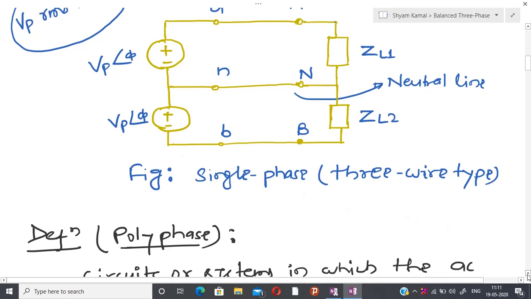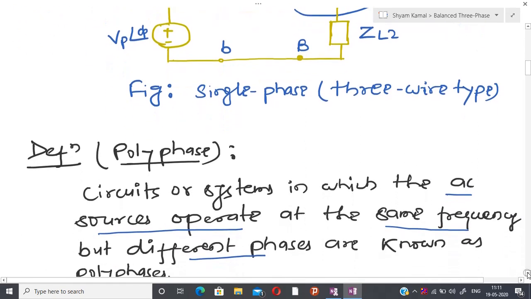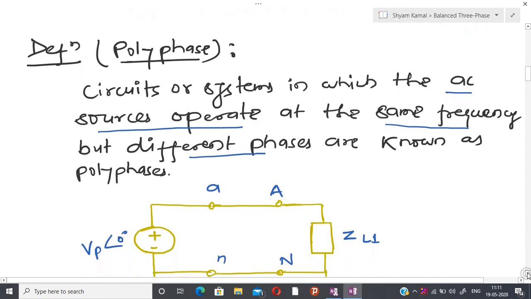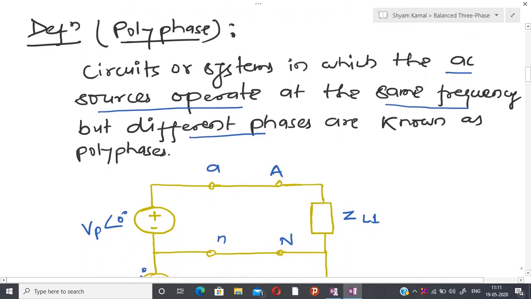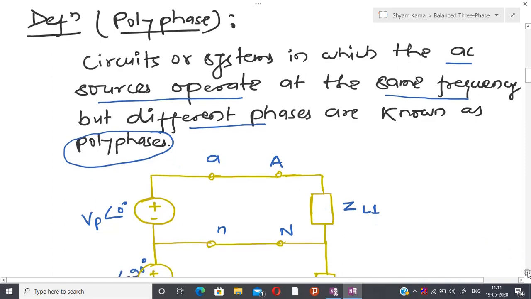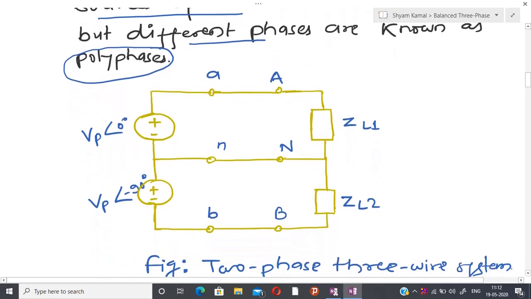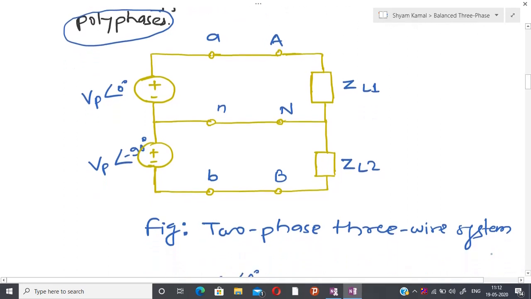But now I am going to generalize it, allowing the sources to operate at the same frequency but different phases, and this is called polyphase. In this part of the lecture I am going to concentrate on these circuits, also called polyphase circuits.